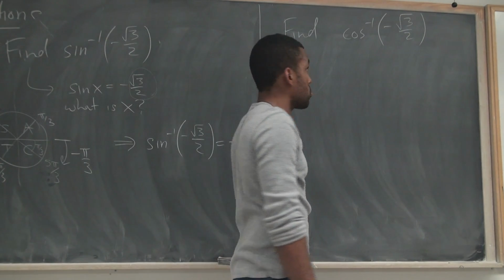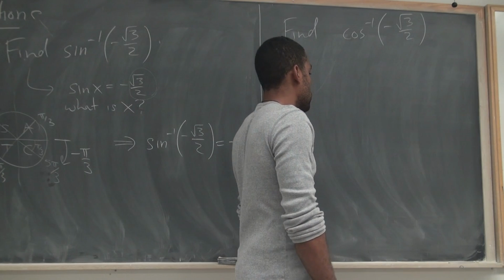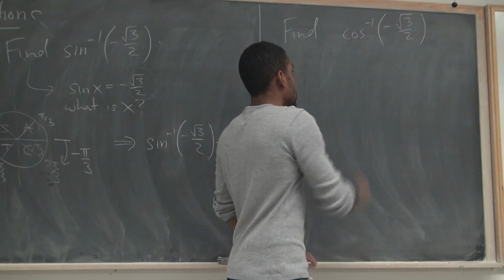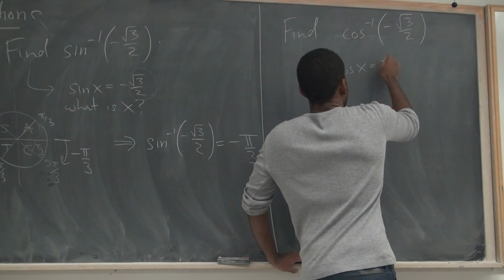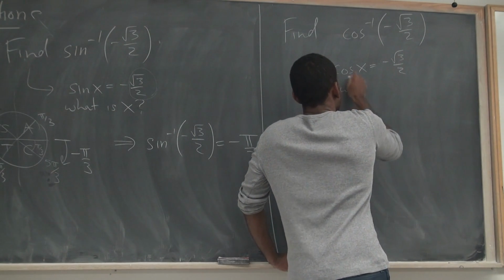Negative pi over 6? 5 pi over 6? So I'm saying if cosine of x is equal to minus radical 3 over 2, what is x? That's what I'm asking, right?